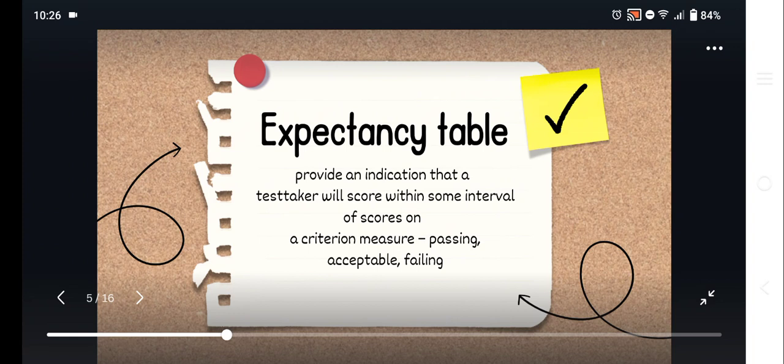It can provide an indication of the likelihood that a test taker will score within some interval of scores on a criterion measure, an interval that may be categorized as passing, acceptable, or failing. In terms of utility, for example, the test is working as it should be.